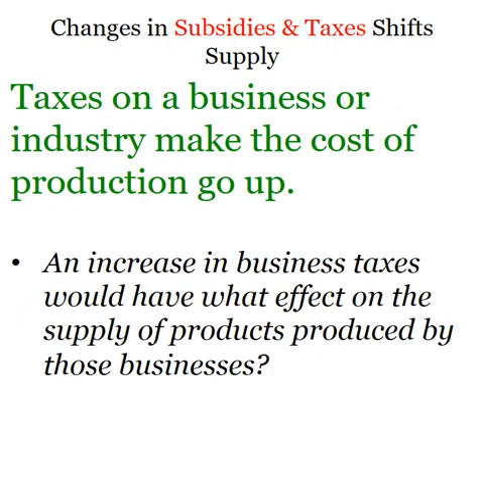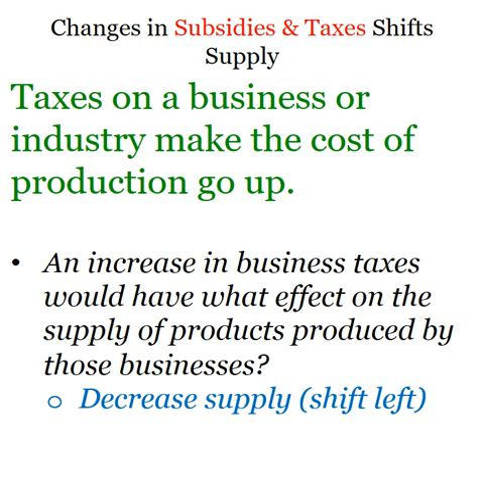Subsidies and taxes are both controlled by the government. But subsidies are when the government gives money, they want to encourage this business. Taxes are when the government takes money. They require businesses to pay taxes on a certain industry. So if businesses have to pay more in business taxes to produce a certain good, what do you think would happen to the overall supply? That would decrease supply.